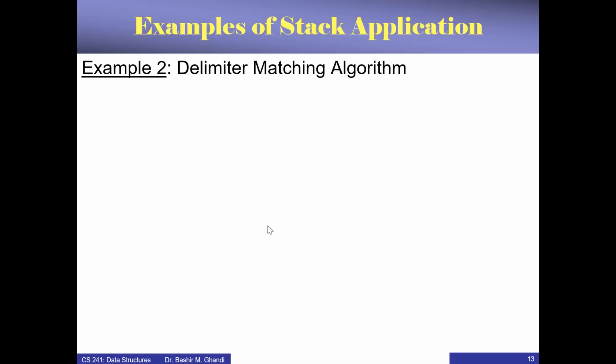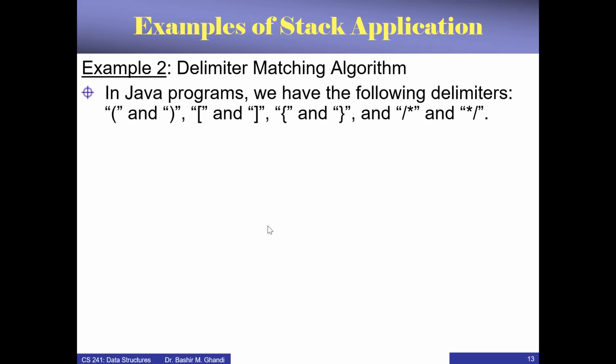Let's take another more interesting example. Stack can be used to check for matching delimiters. As you know, in Java there are many characters that come in pairs. For example, a left parenthesis is always followed by a right parenthesis.